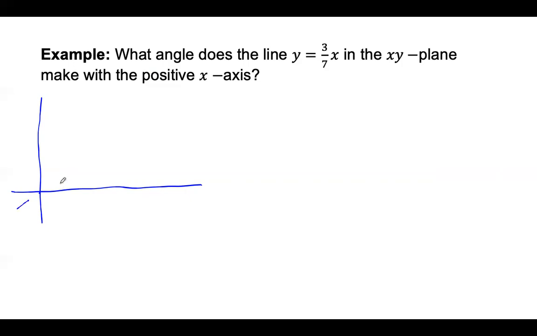So this means the rise is 3, and the run is 7. So that is our slope, and this is our line. This point here will be (7, 3). If we project this point down here, this is 3, and this is 7.